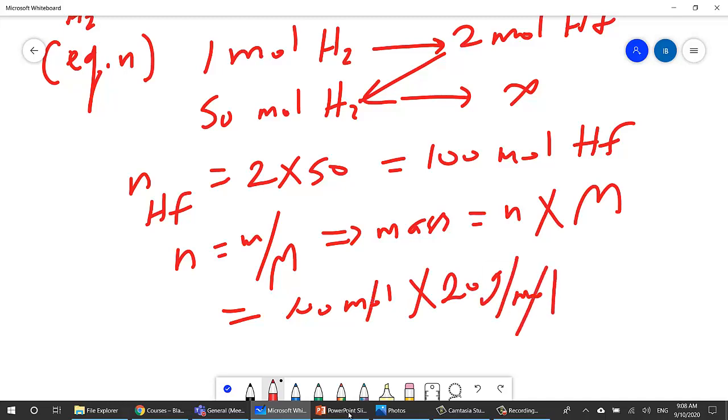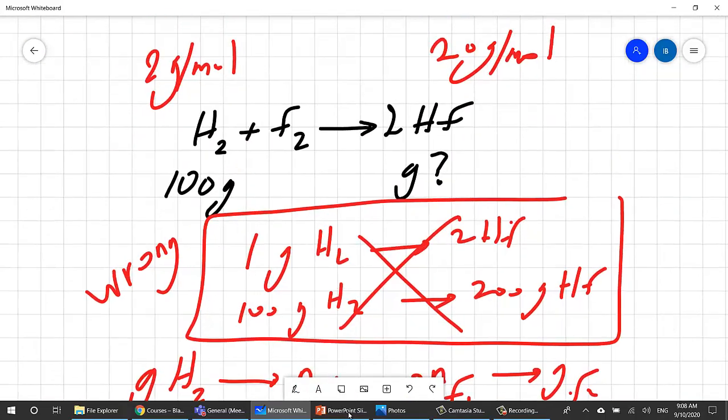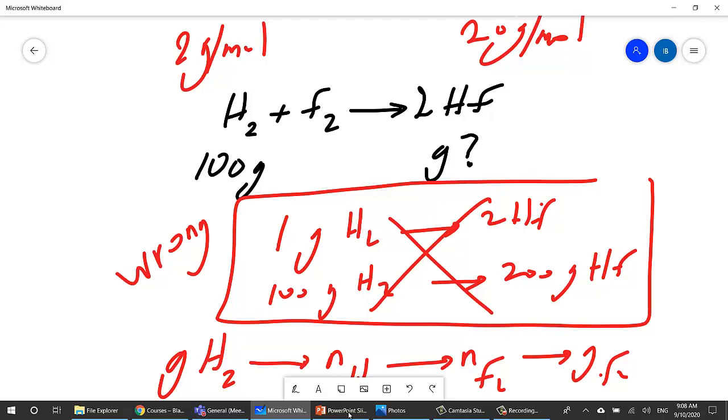That means we are forming how much? 100 times 20, that's 2,000 grams of HF. See? That's a lot of grams. So it's not 200 grams, it's 2,000 grams.